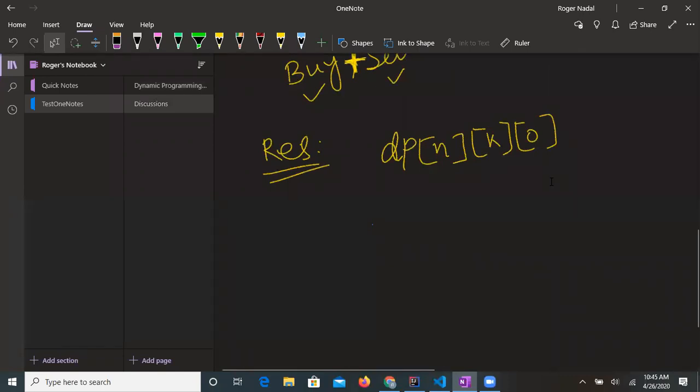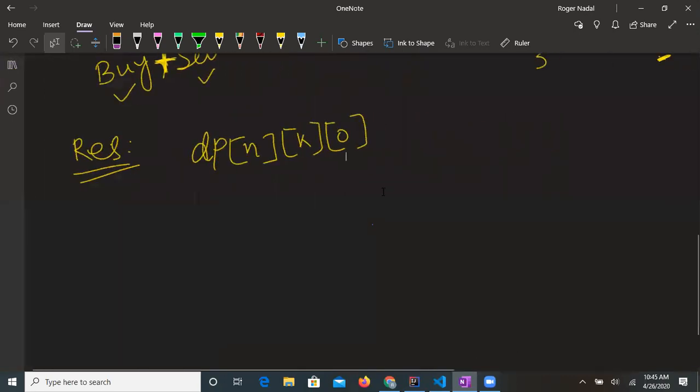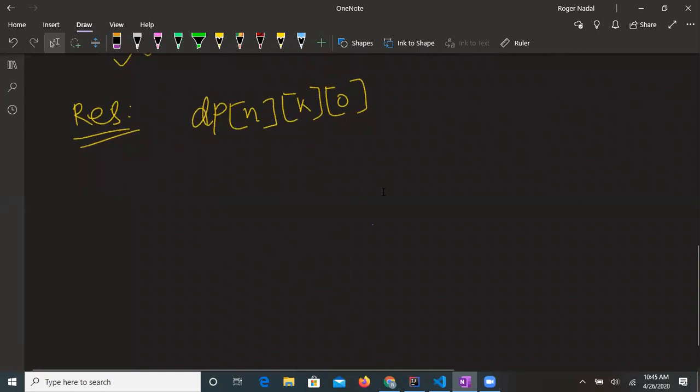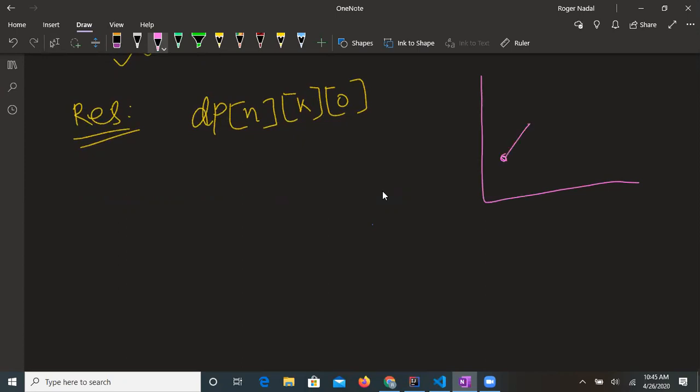So what I would do, if I have to think about it, is take a look at an example. If you have some price that goes up, down, up, down, up, down, something like this, I normally put some examples and see.